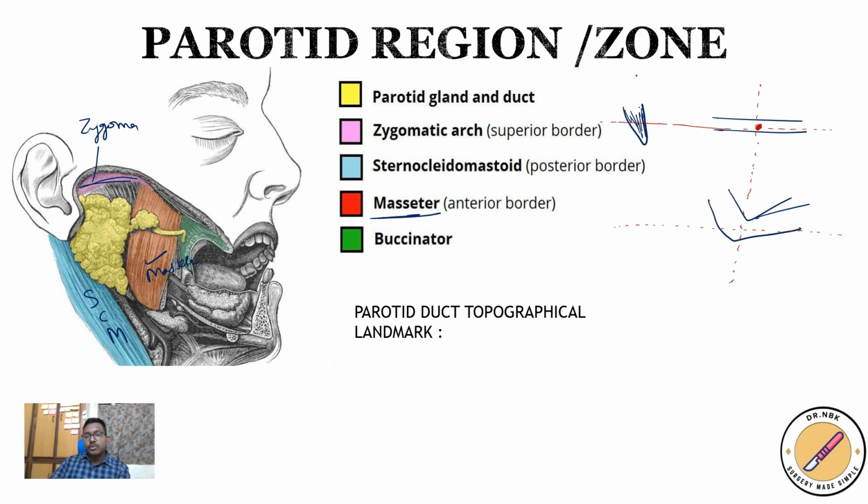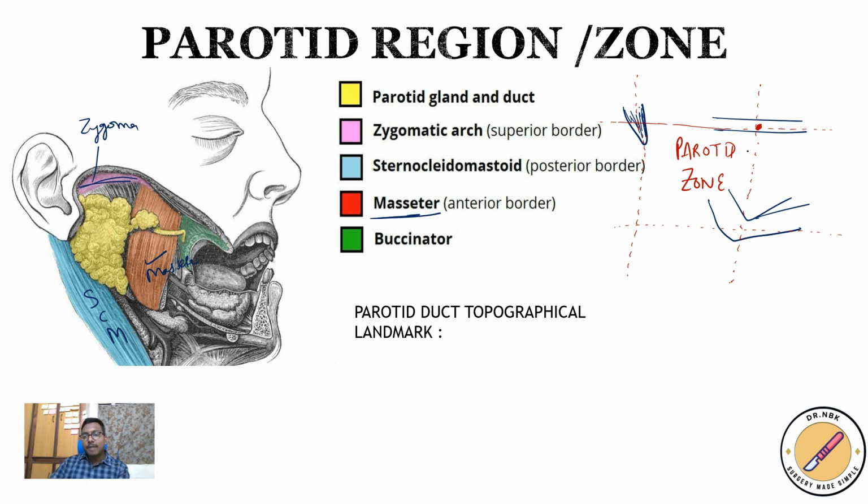Then again, posteriorly, one more vertical line is drawn passing through the tip of the mastoid process like this. Whatever the area that is present in between is called parotid zone, which is also called parotid region. What is the clinical significance of knowing this?